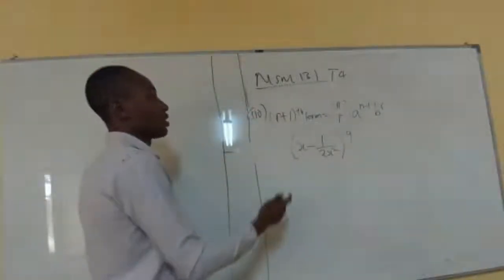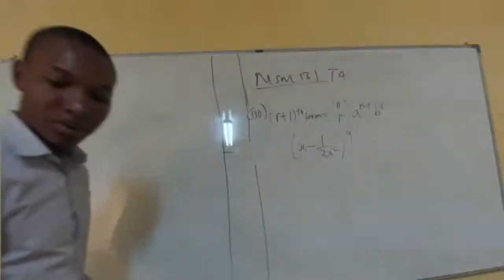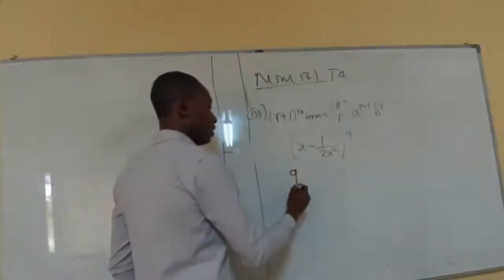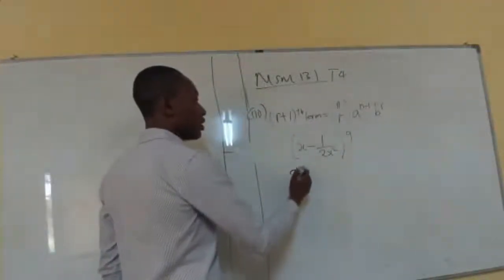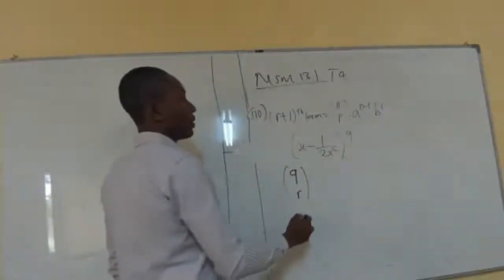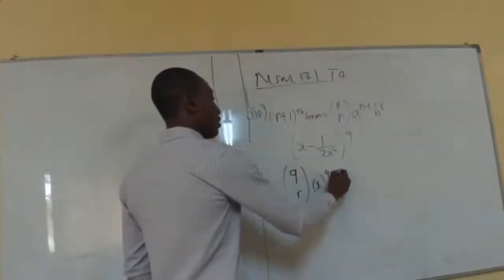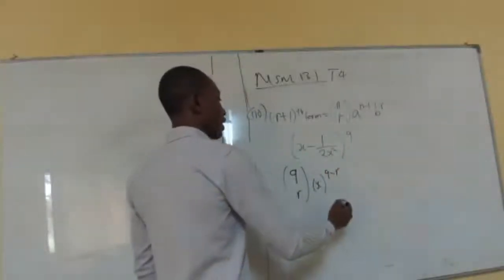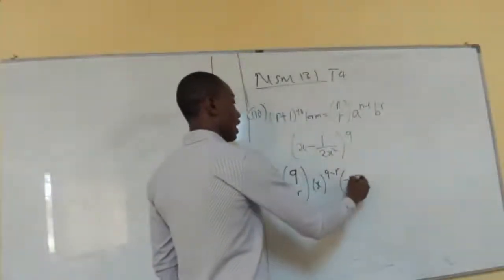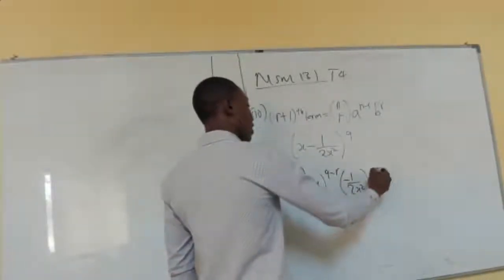Alright, so let's write that first as 9 choose r, because we don't know what the r is. Then a is x, then 9 minus r, then we have negative 1 over 2x squared to the power r.